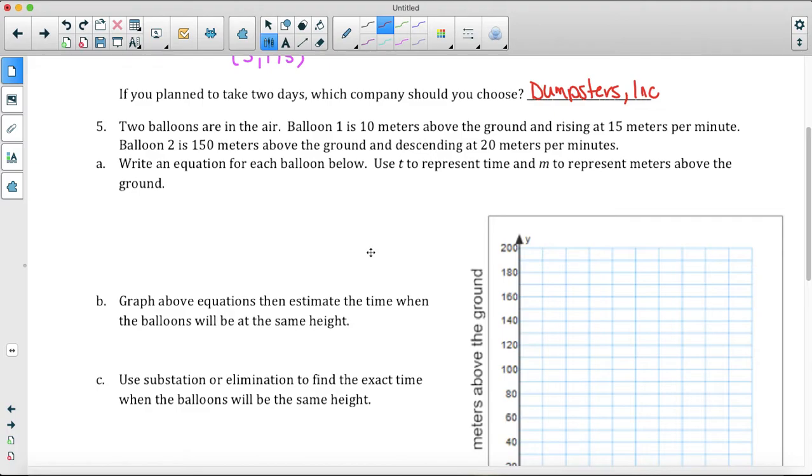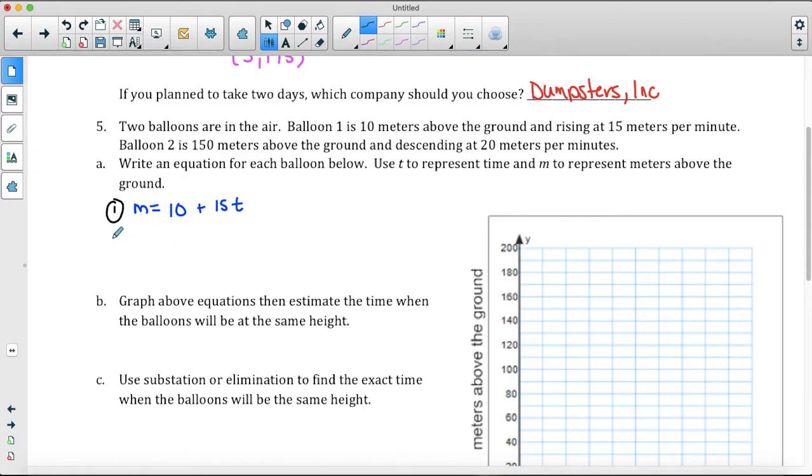So in this case, we already know what our variables are. So for balloon 1, it says that it's 10 meters above the ground and rising 15 meters per minute. So the height above the ground for balloon 1 is already 10 meters, and it's going to add 15 every minute.